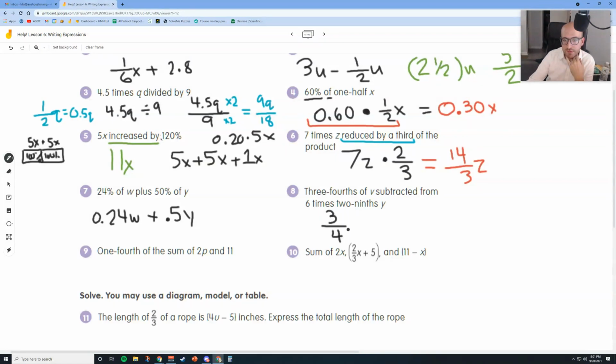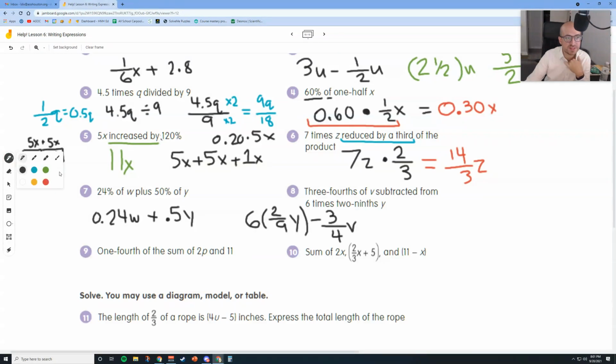3/4 of v subtracted from 6 times, I need the parentheses, 2/9 y. I wonder if y goes on the inside or not. Doesn't matter, probably. Boom.